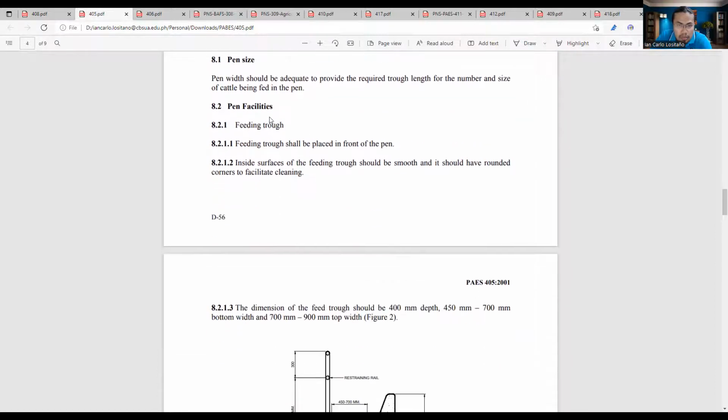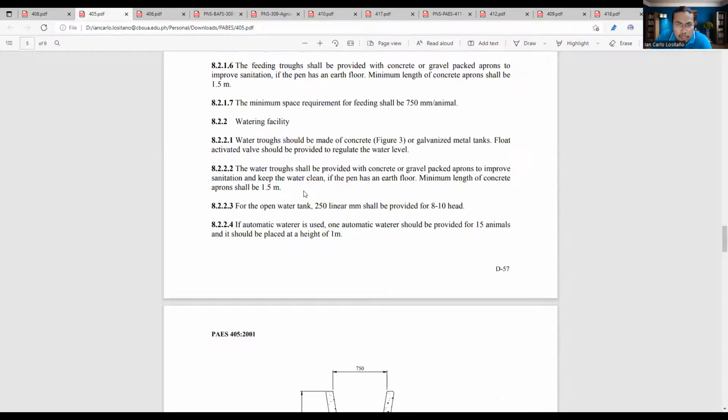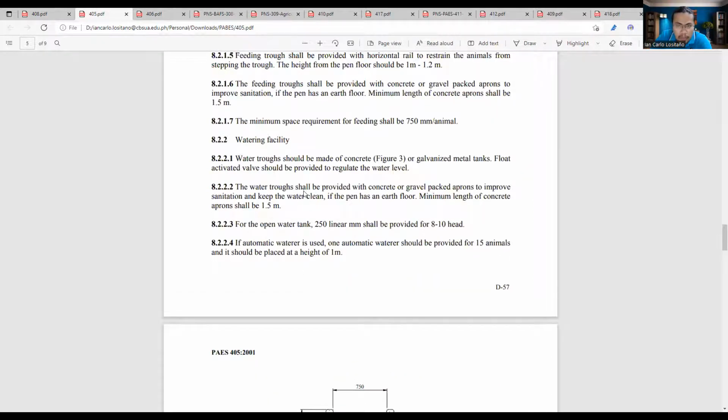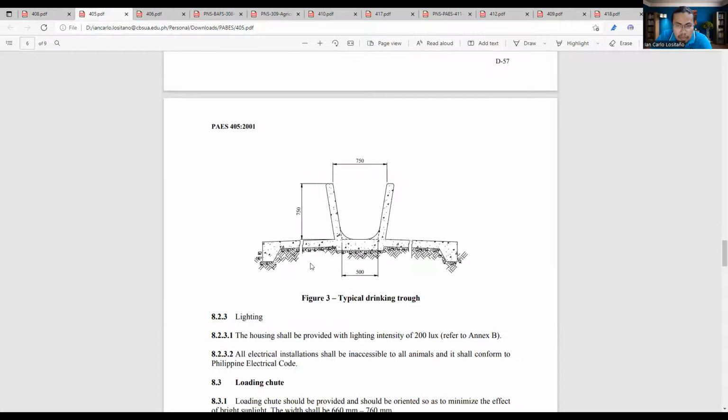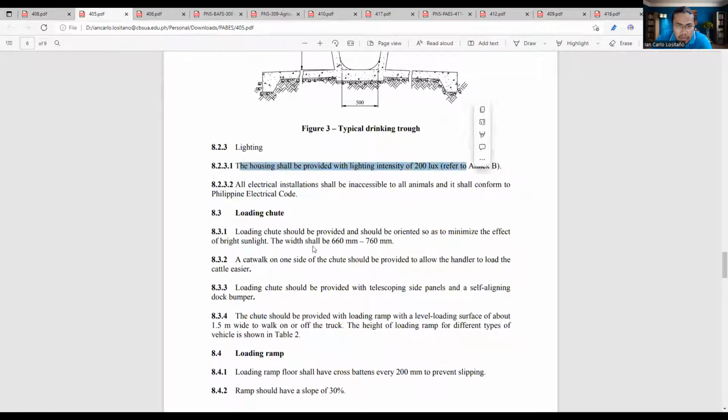Similar, so there's a feeding trough and a water trough, almost the same. The water tank is smaller compared to the carabao feedlot, but for the lighting, still the same.